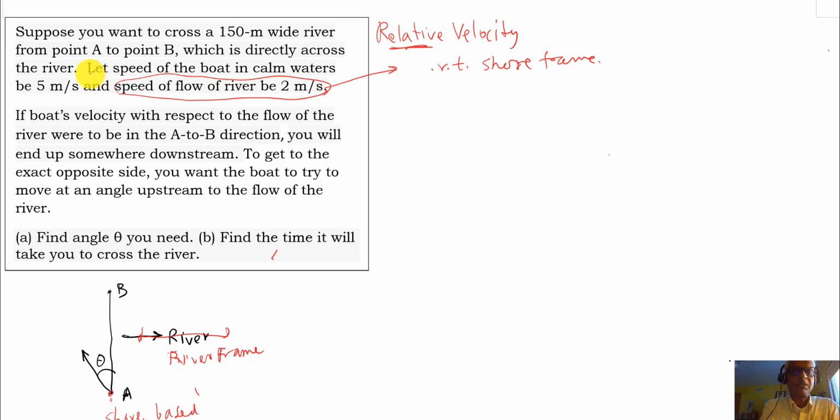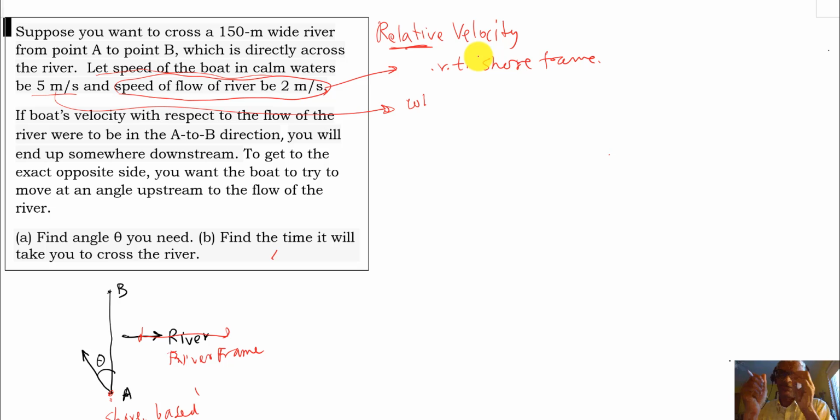And the speed of the boat in calm water is just saying that whichever direction the boat is going, it will be with respect to whatever medium the boat is in. So if the river was calm, then the boat will go at that speed in whatever direction you point.